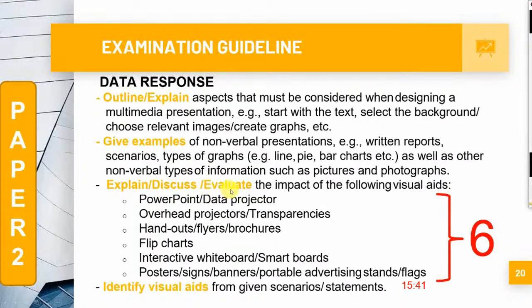Explain, discuss, evaluate the impact of the following visual aids. Teachers, note here there's only 6. In the previous exam guidelines there were many. So just check the 2020 exam guidelines. These are the ones that we are focusing on, and the learner must be able to identify the visual aids from a given scenario.